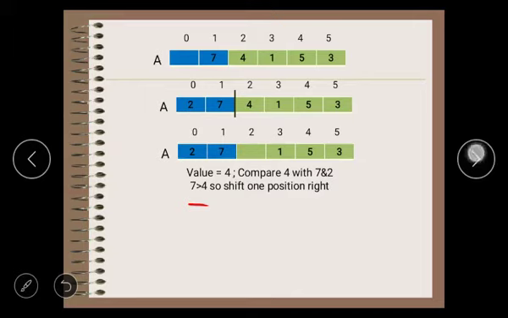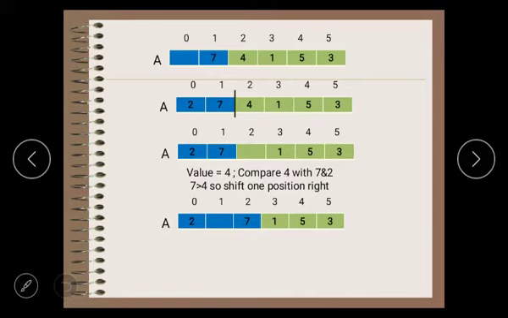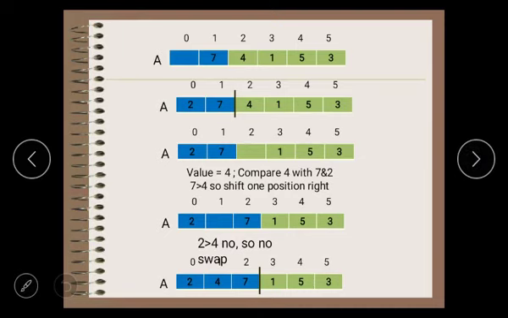After shifting, the array becomes like this. So the 7 moves one position right. Now compare the 4 with 2. Is 2 greater than 4? No. So there is no need for shifting. After that, we will get the array like this.